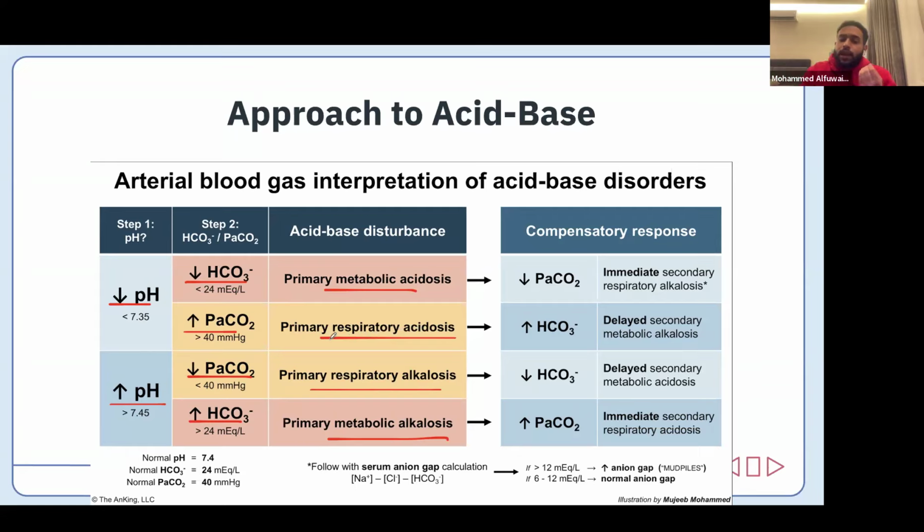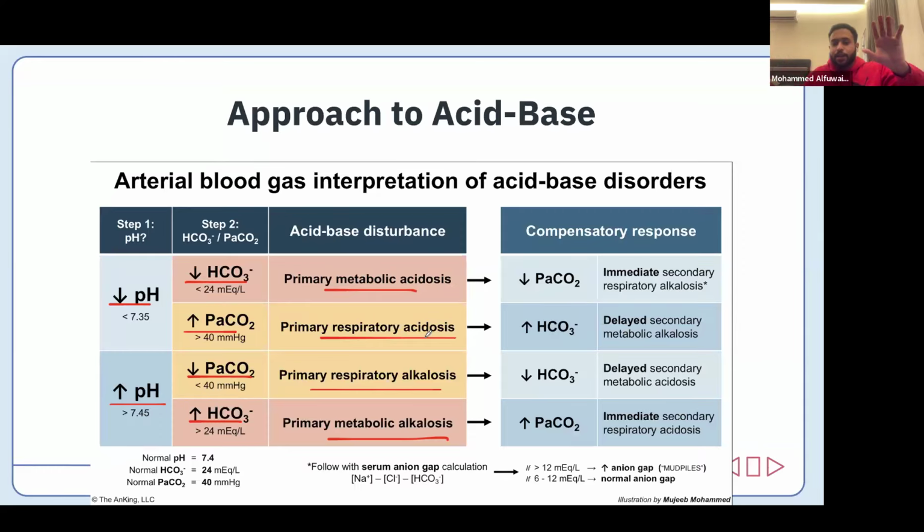On the contrary, if you have primary respiratory acidosis, you're already hypoventilating. Now your kidneys, are they going to secrete more bicarb or reabsorb more bicarb? Remember, what's the most important base here? It's bicarb. So you already have high acid, which is CO2. You can't really release hydrogen.